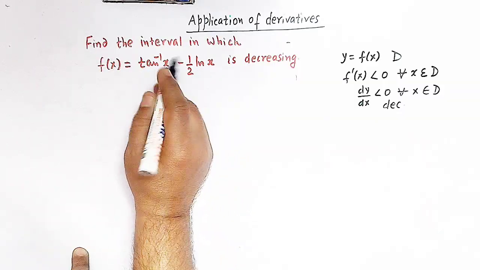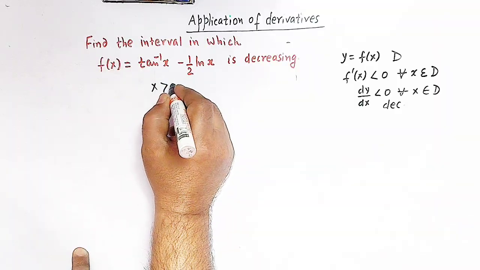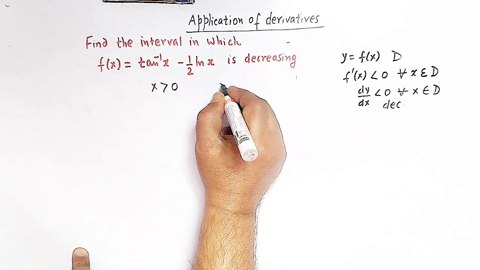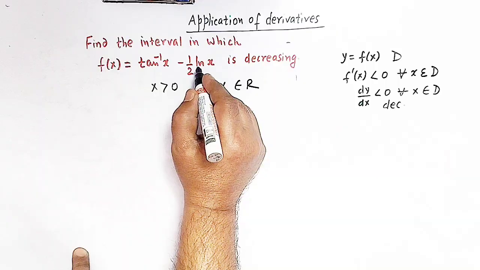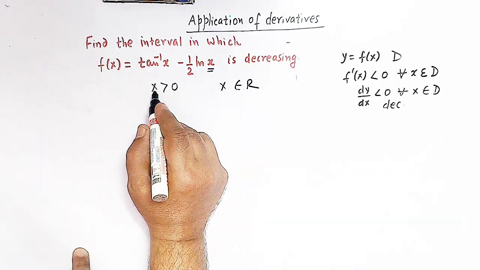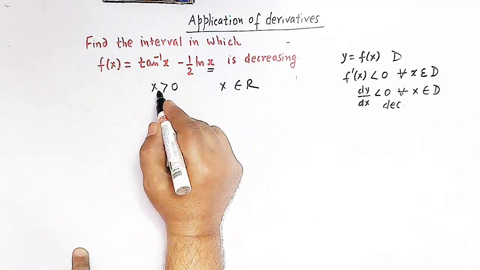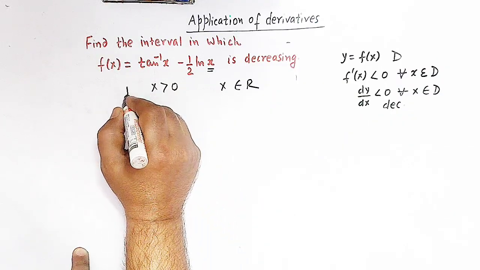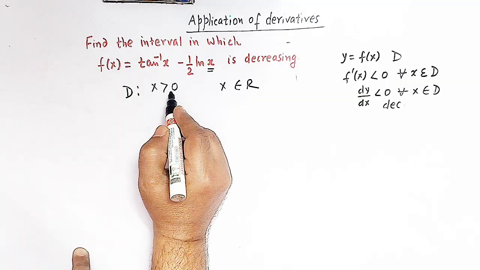Now the domain of this function is given by all x greater than 0, because we know that tan inverse x is defined for all real numbers, but here we have natural log of x, so x should be strictly greater than 0, because the natural log is defined only for positive numbers. So here the domain of this function is x greater than 0.